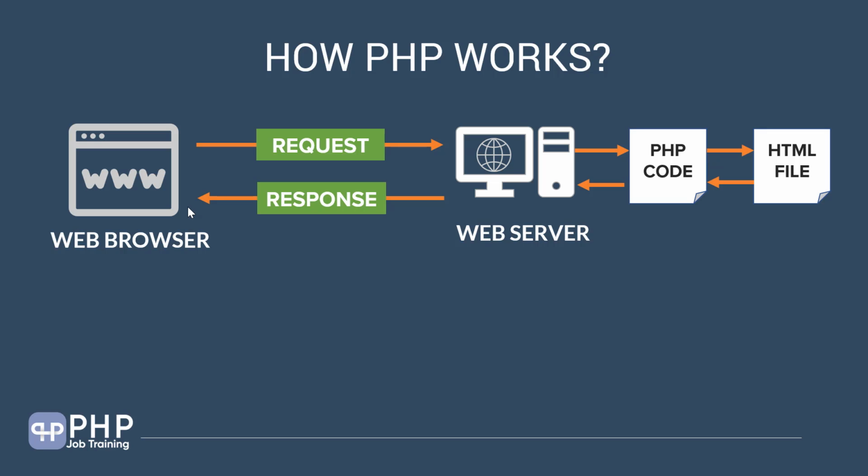Okay, so a couple of things you have to understand here about how PHP works. The PHP code executes on the server. That's point number one. Whenever the PHP code is executed on the web server, the converted code is HTML code, and the HTML code is given back to the web browser so that the web browser can display it.